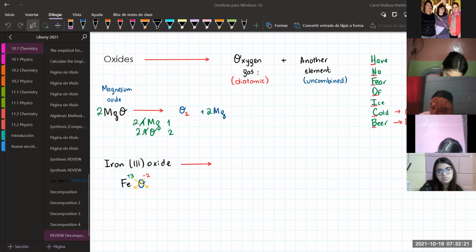This is what we know as compound formation. So this 2 now is part of iron, and the 3 now is part of oxygen. So the compound formed actually is Fe2O3.